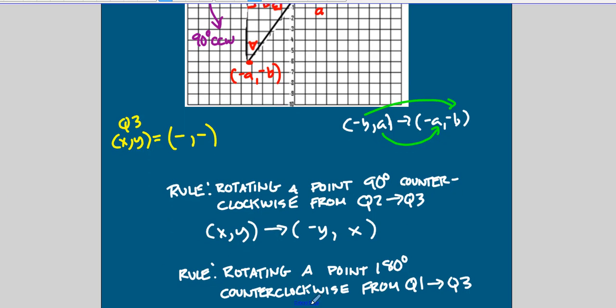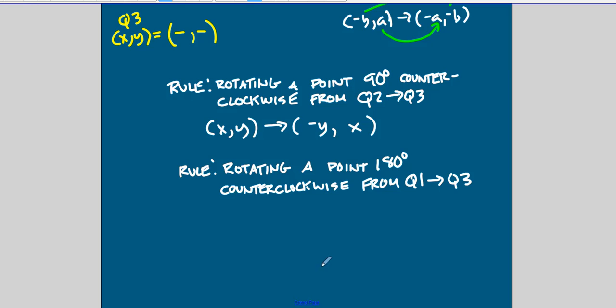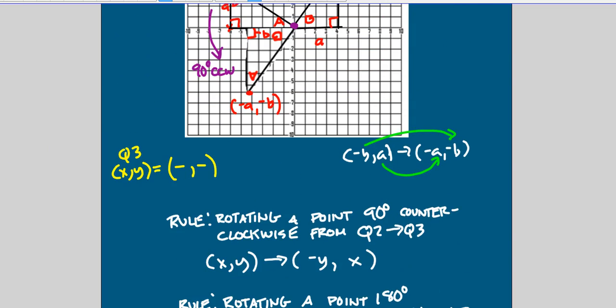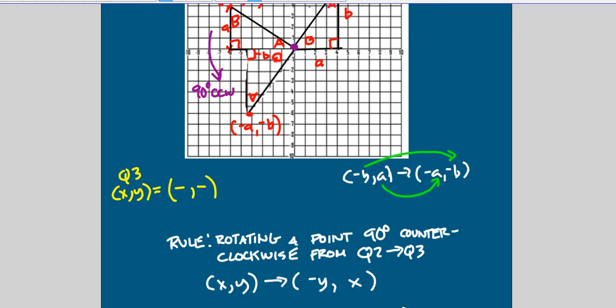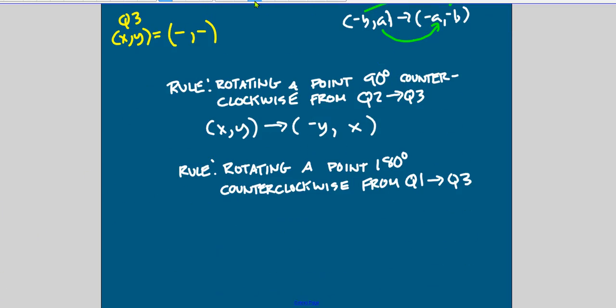Now let's talk about rotating a point. That was 90 degrees. So now let's look at our diagram and talk about rotating the point 180 degrees. If we started here, AB, notice that it's just negative A, negative B. So when you rotate 180 degrees, you start with x, y and it becomes negative x, negative y.